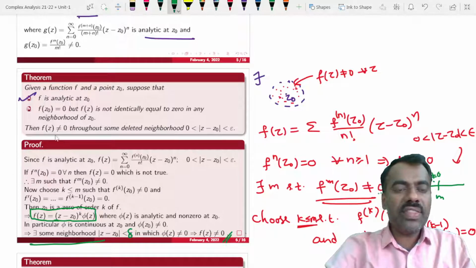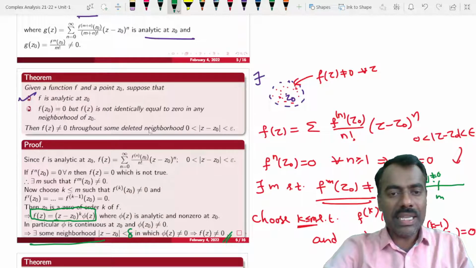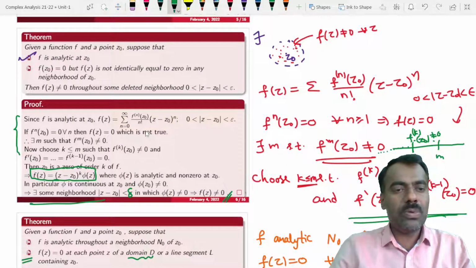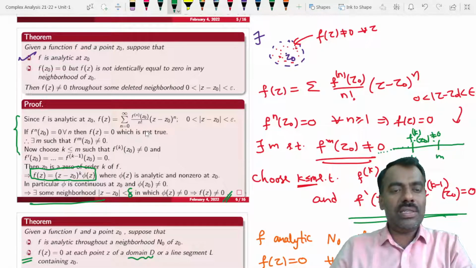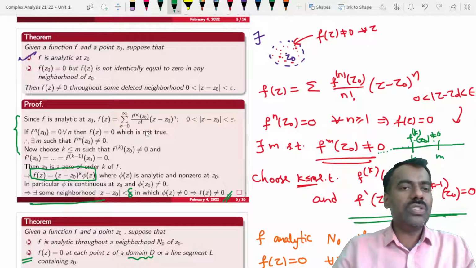Therefore g of z is not equal to 0 throughout some deleted neighborhood. If you see this proof, if f_n of z is not equal to 0 for all n, then we get that f of z is equal to 0, which is not true, because it is not equal to 0 in any neighborhood.